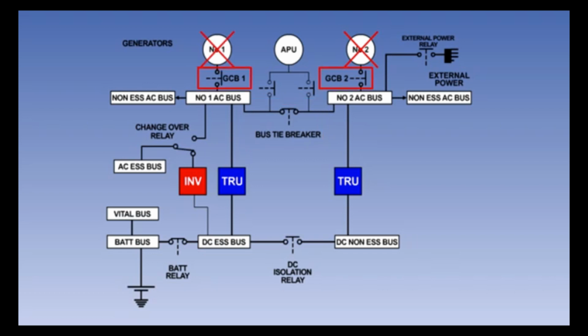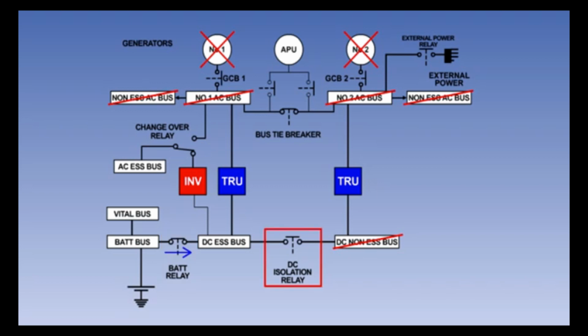If both engine-driven generators should fail, once again their generator control breakers will open, disconnecting them from their busbars. The main AC busbars and their associated non-essential busbars will no longer be powered. The battery will power the DC essential busbar through the closed contacts of the battery relay.